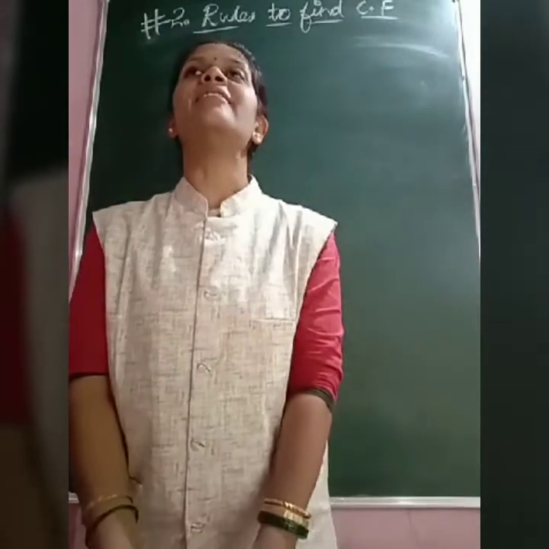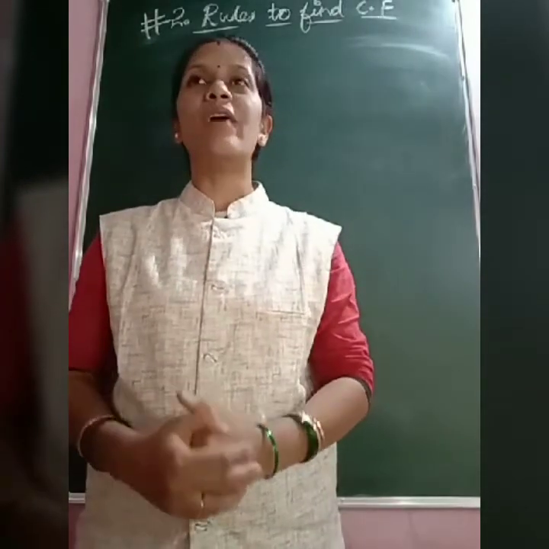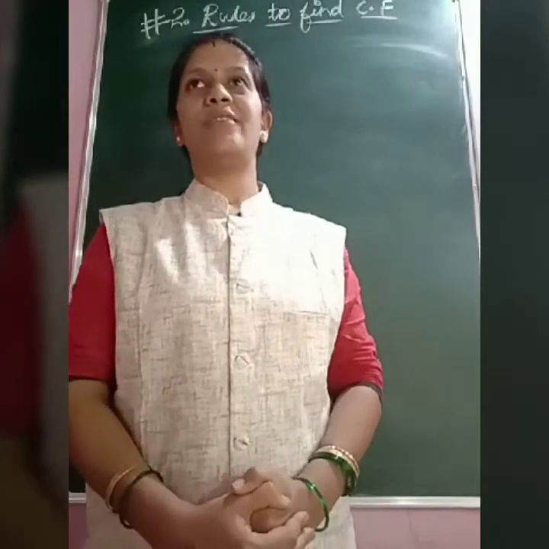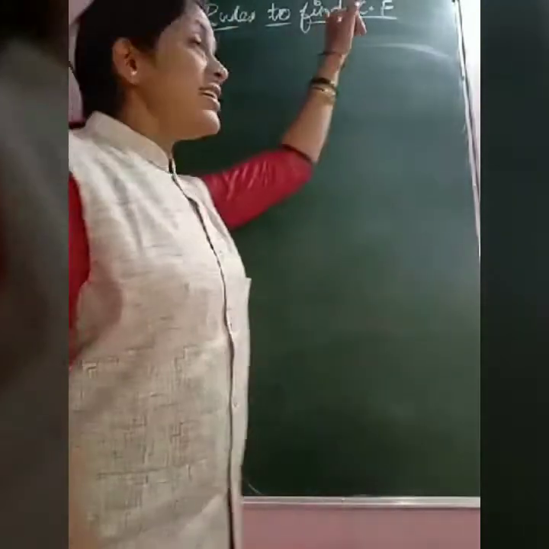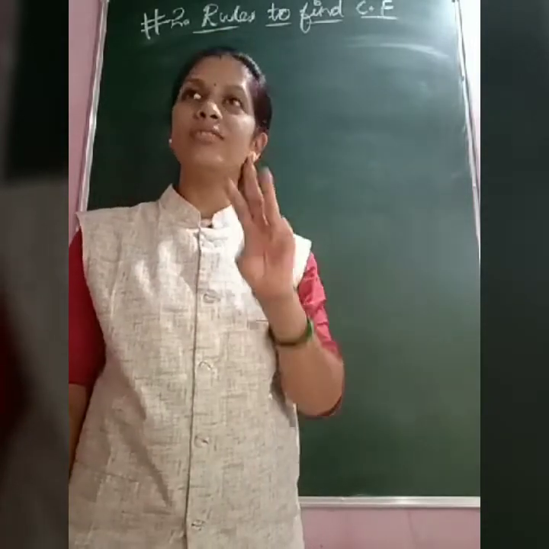So now let us start our second session, that is rules to find complementary function. So already we know the nature of the roots can be in any of the three forms.